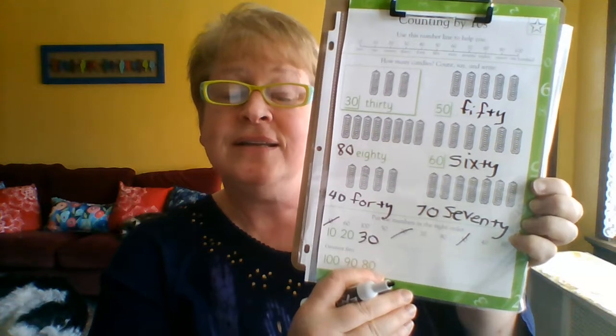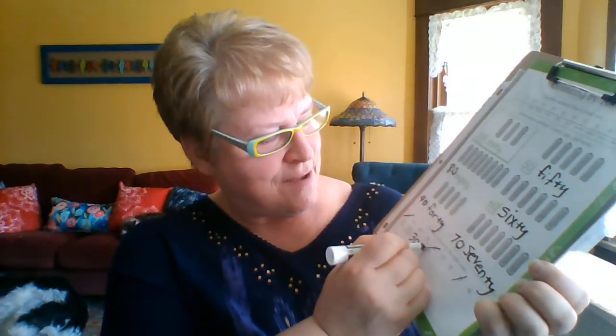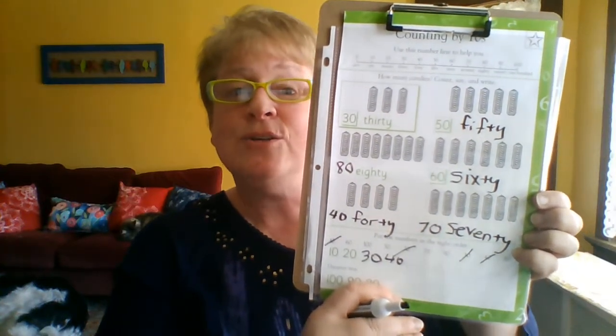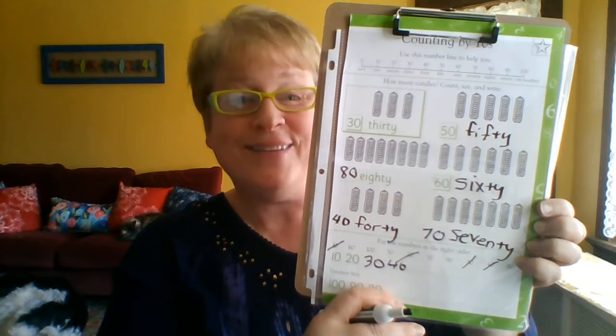What's next? 10, 20, 30, 40. Good job. I'm going to cross off the 40. What's next? You got it. 50. All right. Cross off 50.